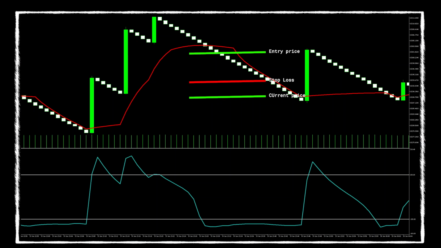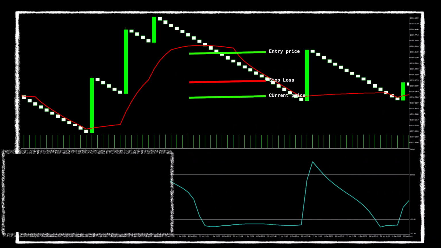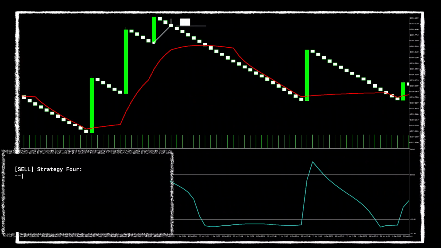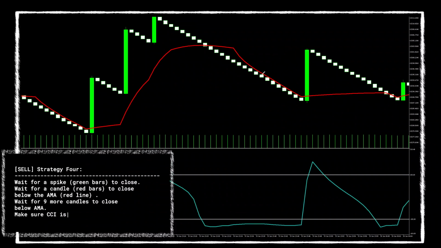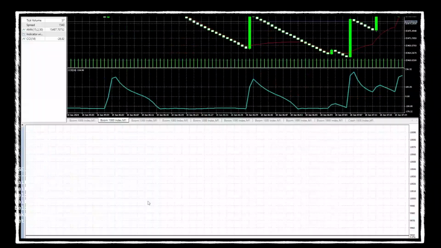Adding the CCI to the AMA will then give us a revised strategy, which becomes: wait for 10 consecutively falling AMA values, make sure the 10th candle is below the AMA, make sure the CCI is below -100, then place a sell trade with the SL being X points away. And things start off so well, and the strategy was making money.